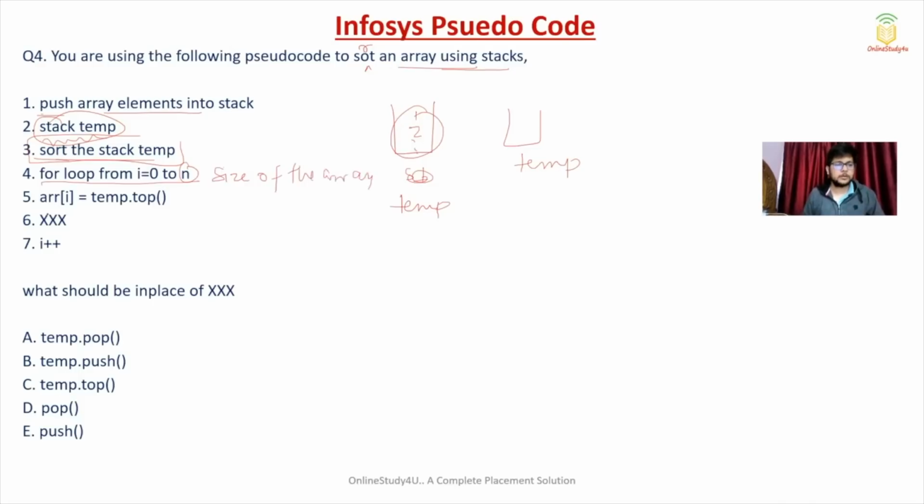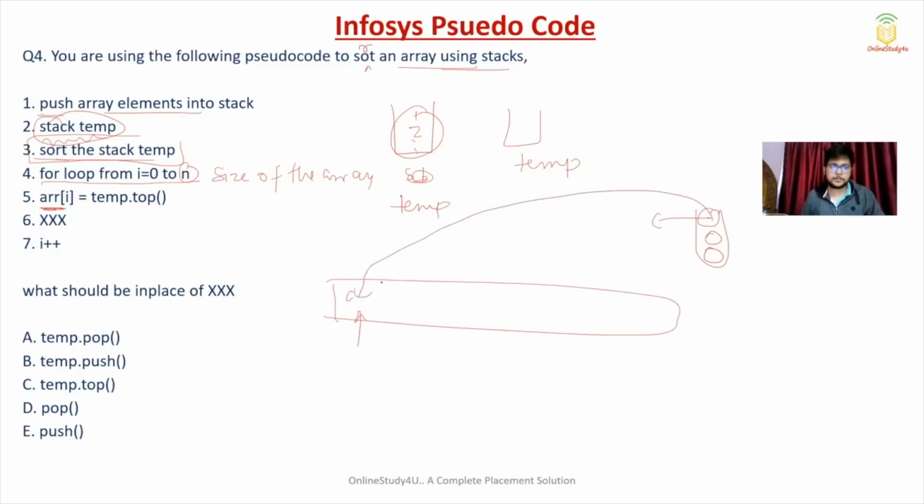And I'm putting it back into the array, right? Array first, these are the numbers, let's assume. So this is st.top, and let's say this array is sorted. So it will come to the first position.